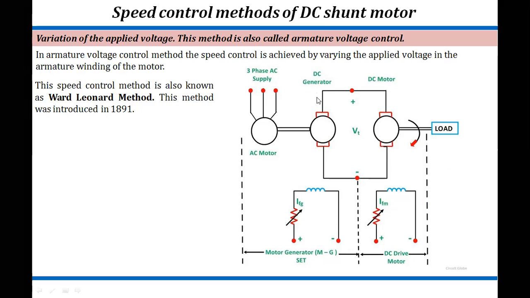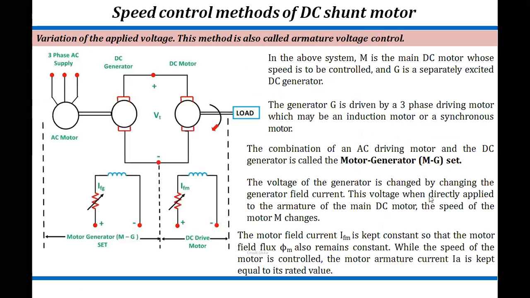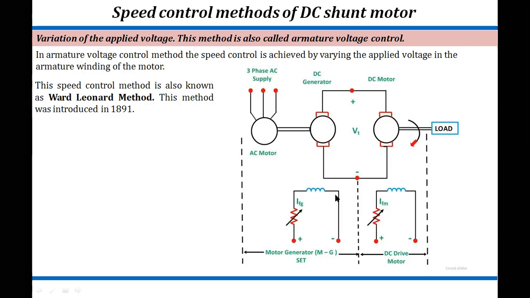So here we are using a DC generator as well as a DC motor. Then we are taking the winding. Again, if you see, this is the motor generator winding and this is the DC drive motor winding.